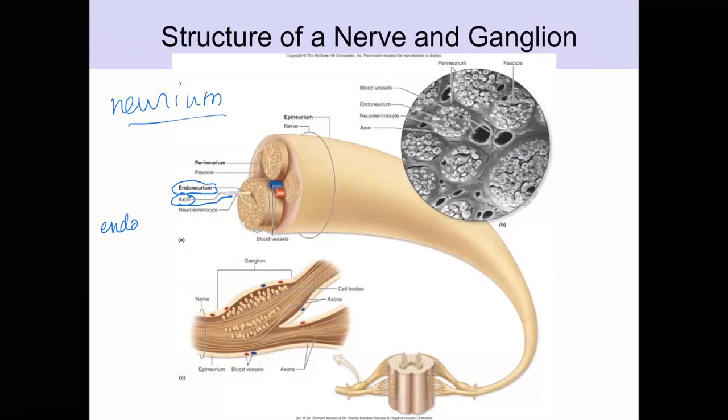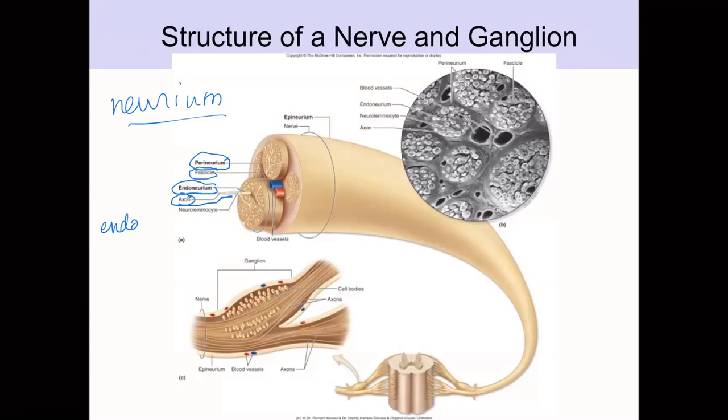So the axon and the neurolemmocyte are wrapped in the endoneurium. Now if we take a whole bunch of those and bundle them up, we end up with a fascicle, or a bundle, and they're wrapped in what we call the perineurium.